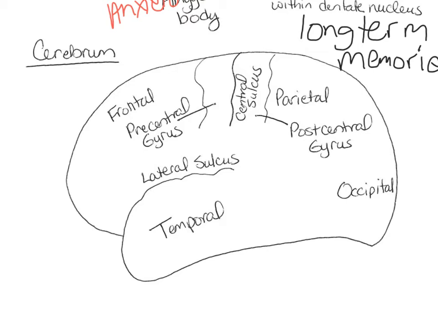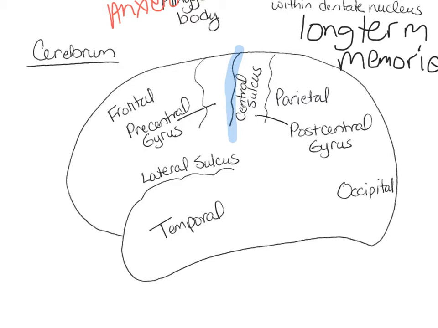So we have this one indentation that's called the central sulcus. It's a pretty deep sulcus, and it's very distinct. It's not curvy, it just kind of goes straight down. It's a pretty distinct sulcus that you can see. Anything in front of that sulcus is the frontal lobe.